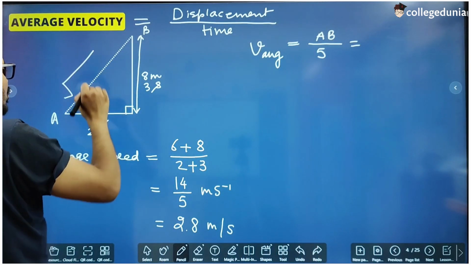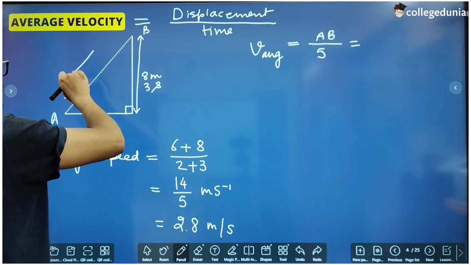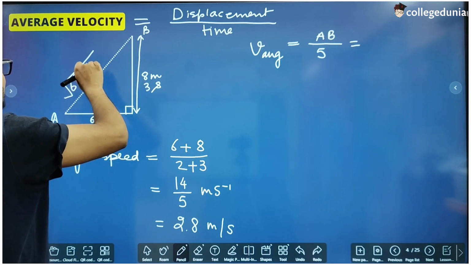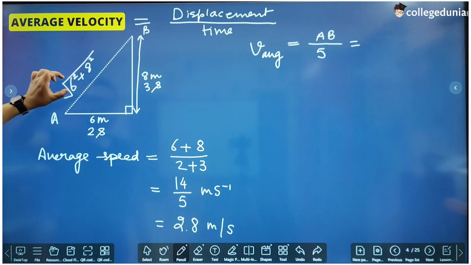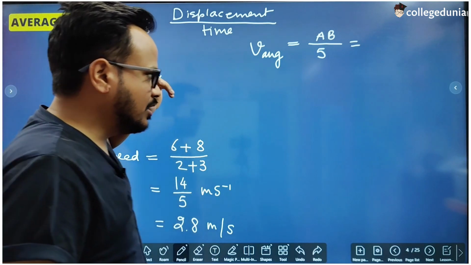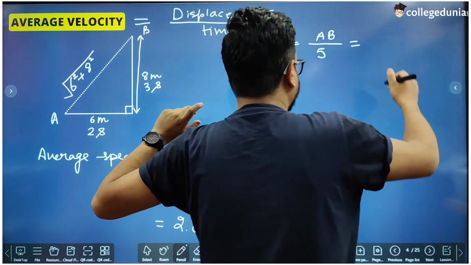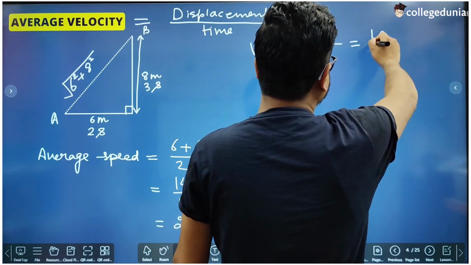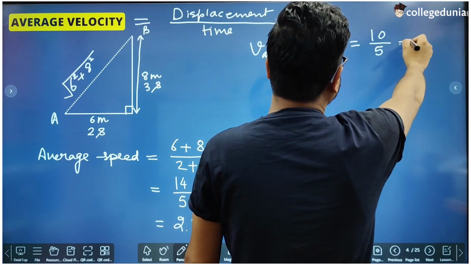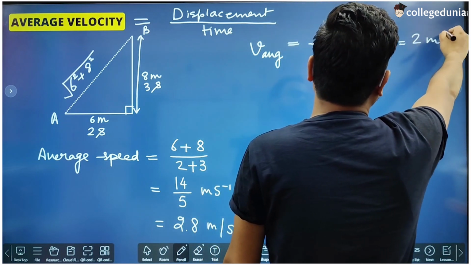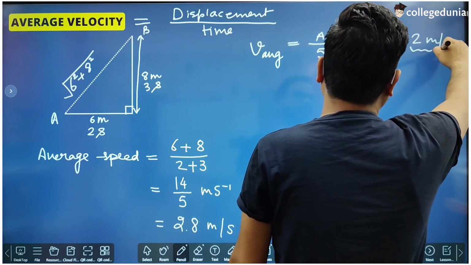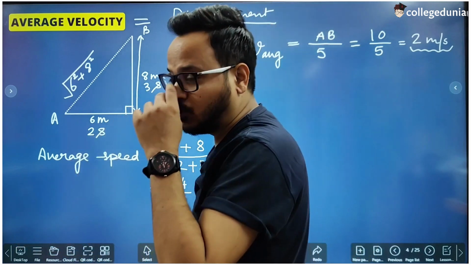So AB is the root of 6 square plus 8 square. 6 square is 36, 8 square is 64. 36 plus 64 is 100, and root of 100 is 10. So 10 by 5, which is 2 meter per second. So average velocity is 2 meter per second.